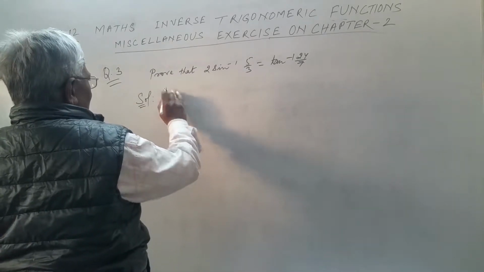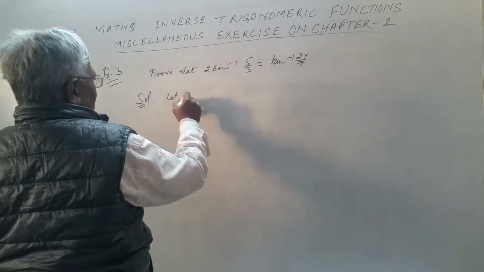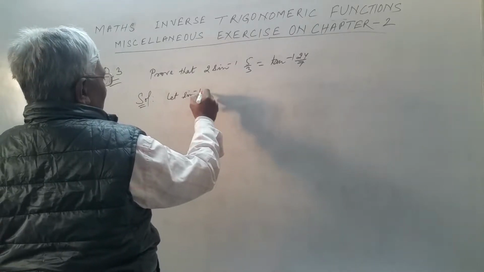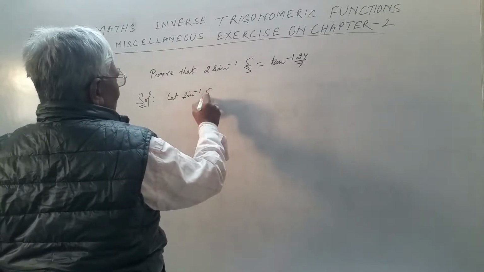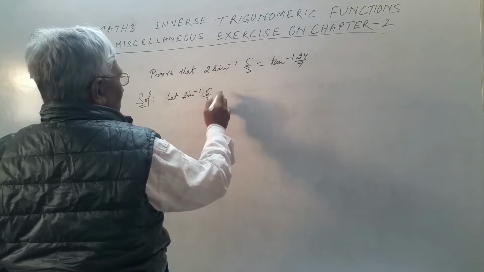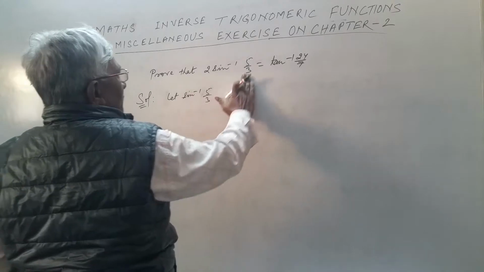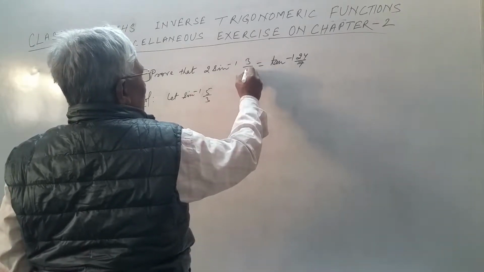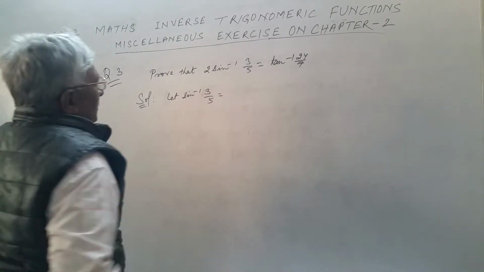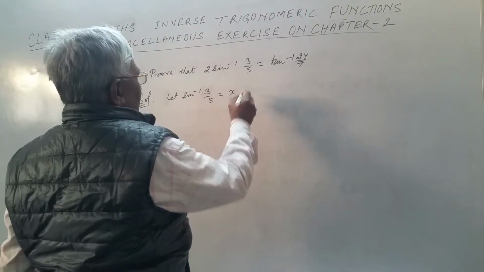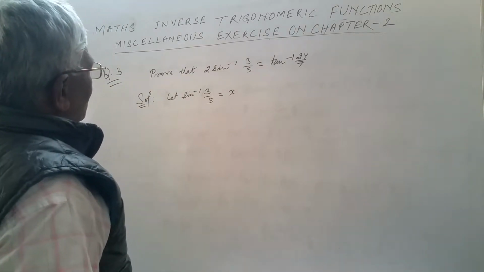Let sine inverse 3 upon 5 be equal to x. Sorry, 3 upon 5 should be there. We have taken it like this.